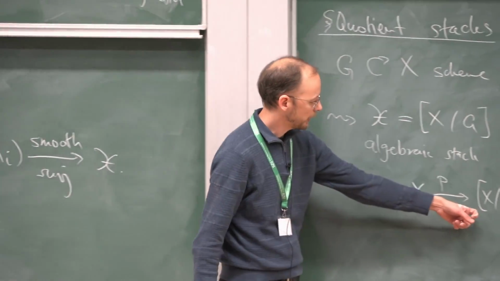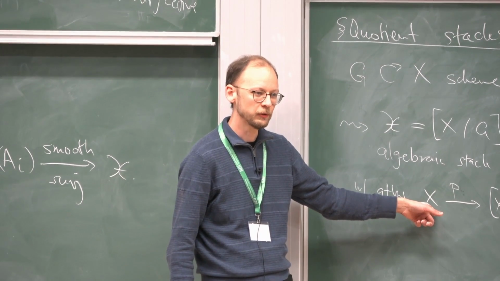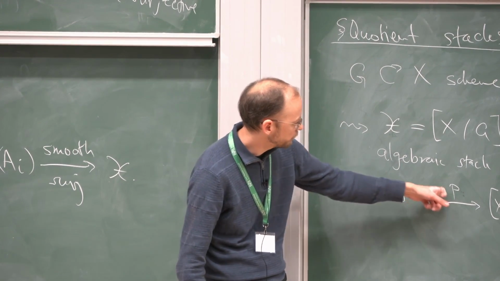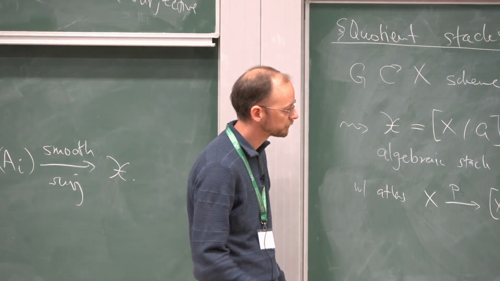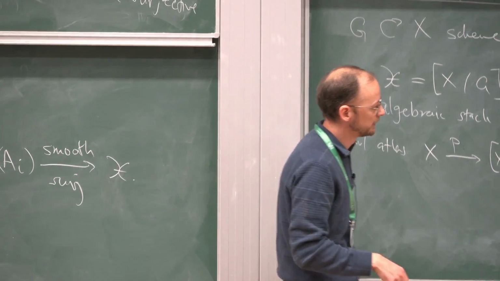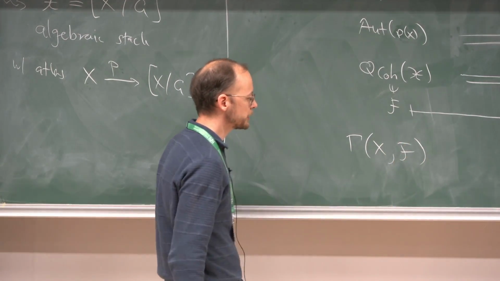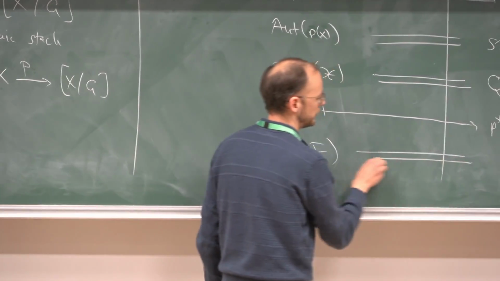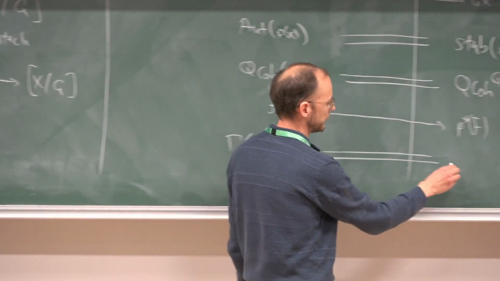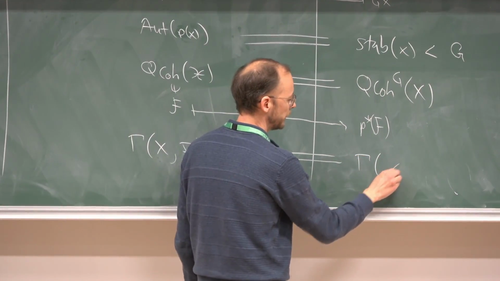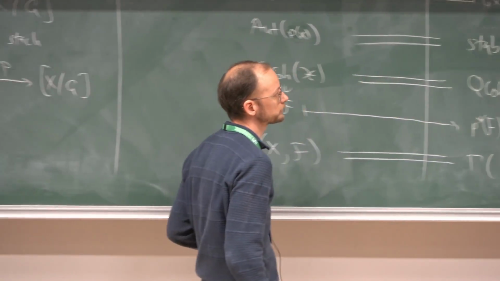If you have a sheaf on your stack, you can pull it back to the atlas, and that's going to become equipped with a G action. Conversely, if you pick a sheaf here and equip it with a G action, it descends to the stack. And if we want to take global sections of a sheaf on the stack, that's the same thing as taking global sections of this pullback and then taking G invariants.